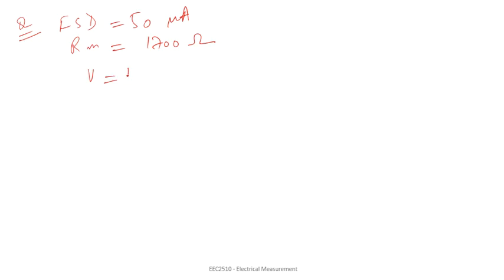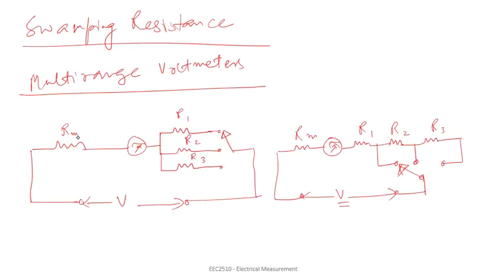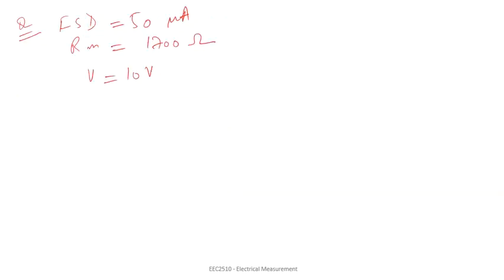So the voltmeter range is to be 10 volt. Calculate the required values of multiplier resistance for the circuits of these figures. So you have to calculate the value of the multiplier resistance.